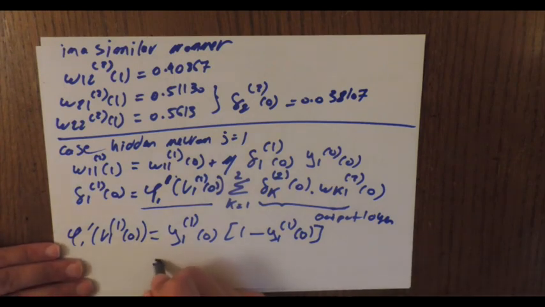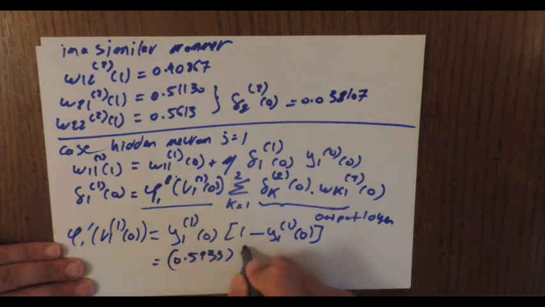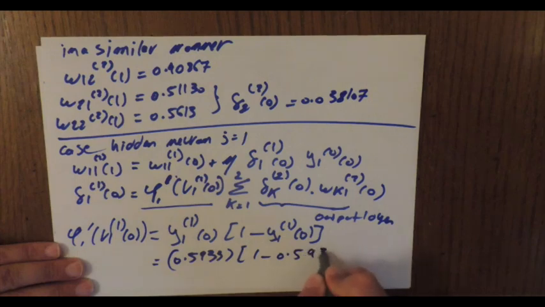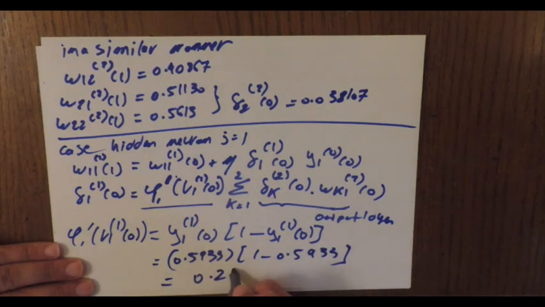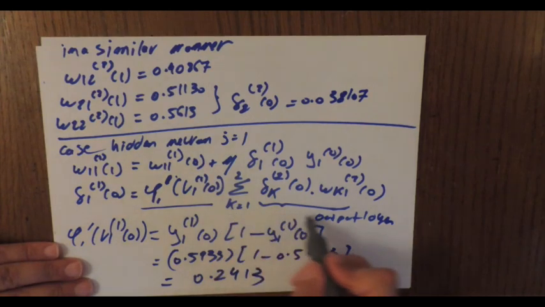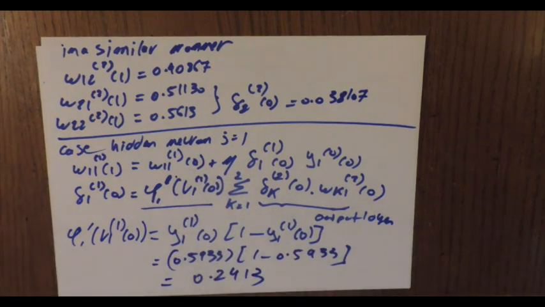So this will be equal to 0.5933 times 1 minus 0.5933. This is equal to 0.2413.